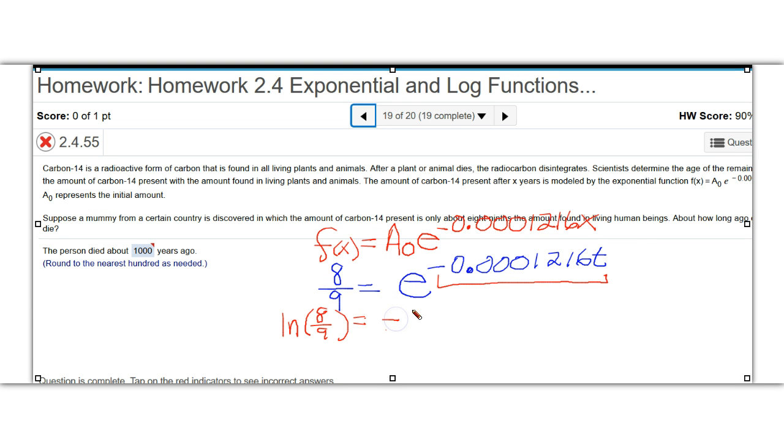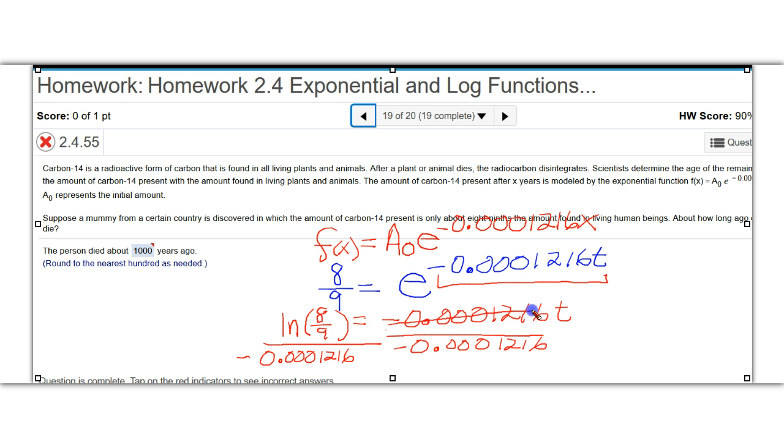So this is now a negative 0.0001216 T for time. So again, the same way we solved doubling, we're going to divide both sides by this, and I'll do that.